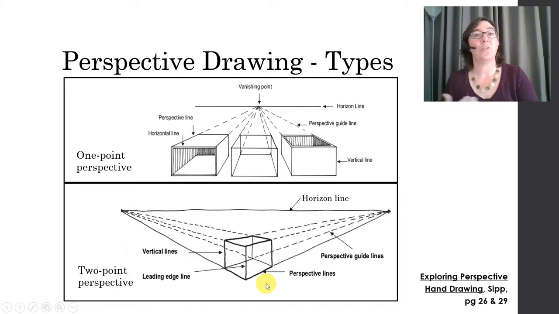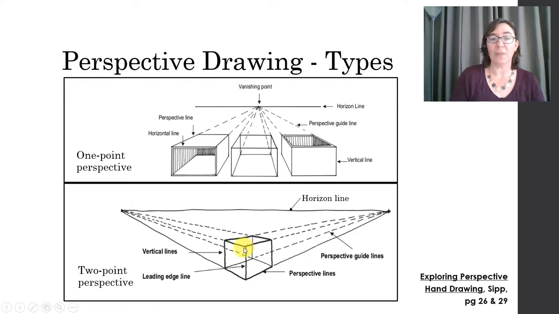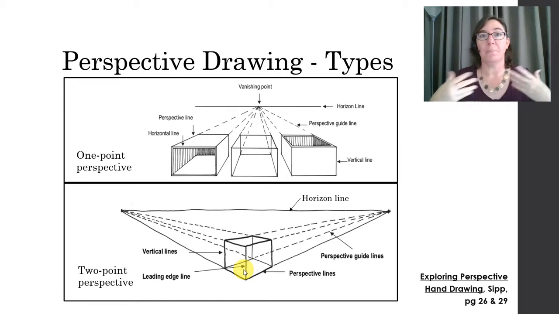Let's compare this to a 2-point perspective. In 2-point perspective, we mostly have our objects turned so that there is an edge in front, right here. And that's called the leading edge. The leading edge is a vertical line. Vertical lines are truly vertical, but everything else are perspective lines.